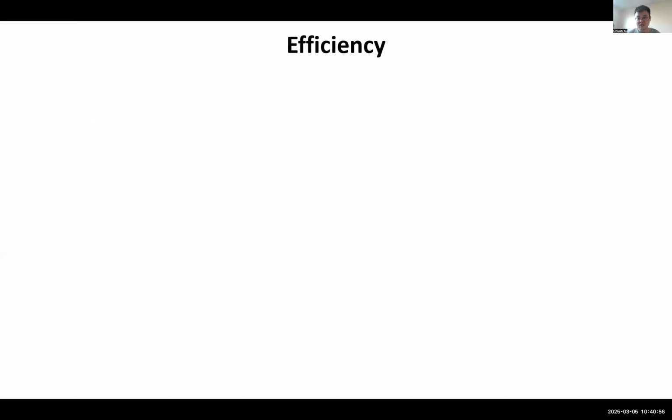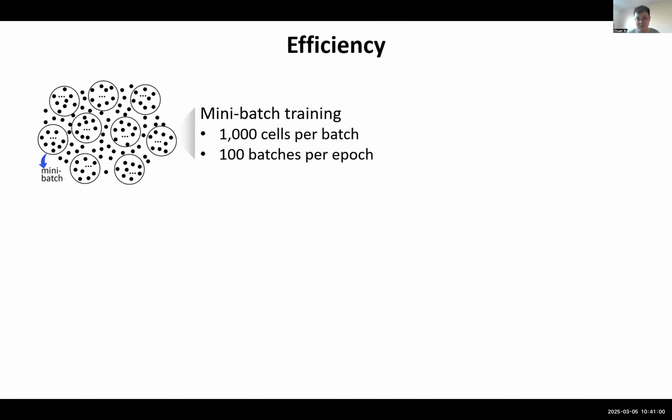And in CellTypist, this is achieved by two means. First, we introduce mini-batch training, where 1,000 random cells were used as a single batch, and 100 such batches were trained in each epoch. This will avoid loading the entire dataset during training, and after 10 epochs, allows the classifiers to see numbers of cells with 6 orders of magnitude.